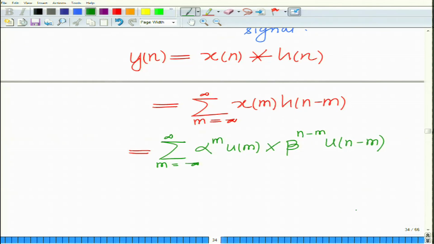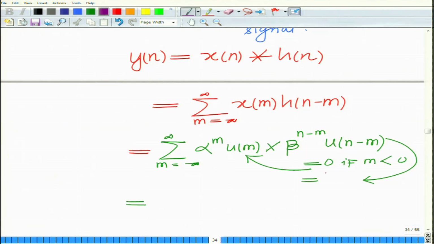Now, recall that u[m] is equal to 1 if m is greater than or equal to 0, and equal to 0 if m is less than 0. Similarly, u[n minus m] is equal to 1 if n minus m is greater than or equal to 0, and equal to 0 if m is greater than n.